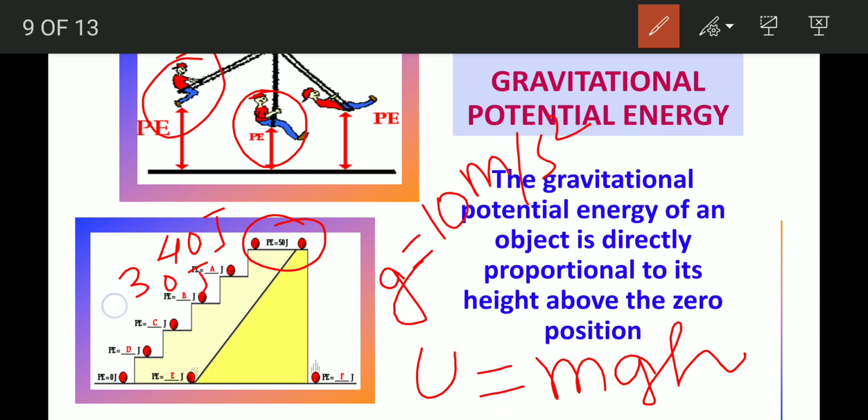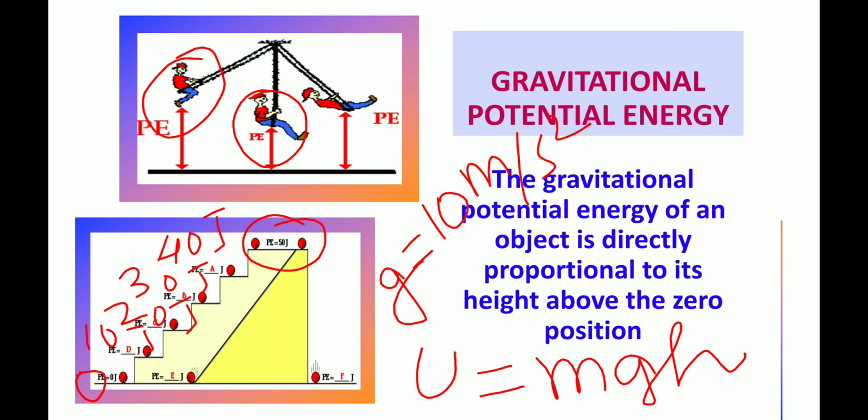Potential energy at point C will be 20 joules. At D it will be 10 joules, and finally at the ground level it will be 0 joules. That means as the height decreases above the reference point, the potential energy decreases. Or we can say that as the height above the reference level increases, the potential energy increases.